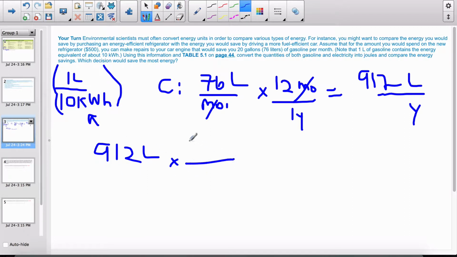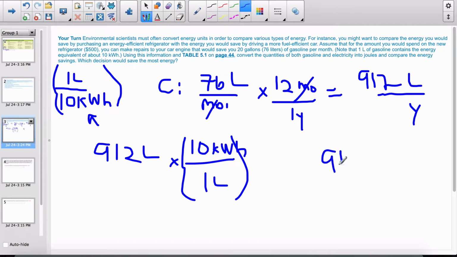That's sort of how I think about it. You could just remember that 1 liter is 10 kilowatt hours. So you just multiply that by 10 to find out how many kilowatt hours you saved by updating your car.